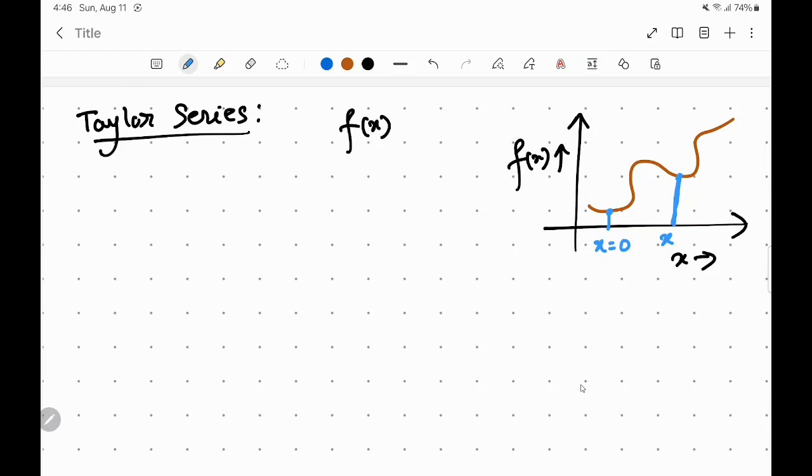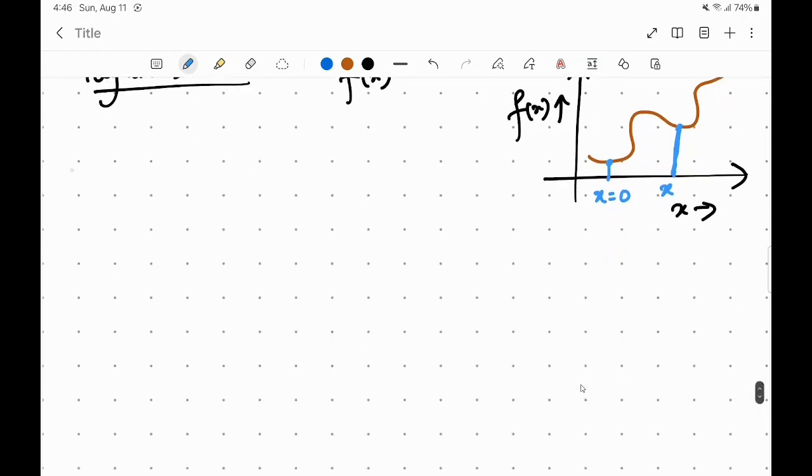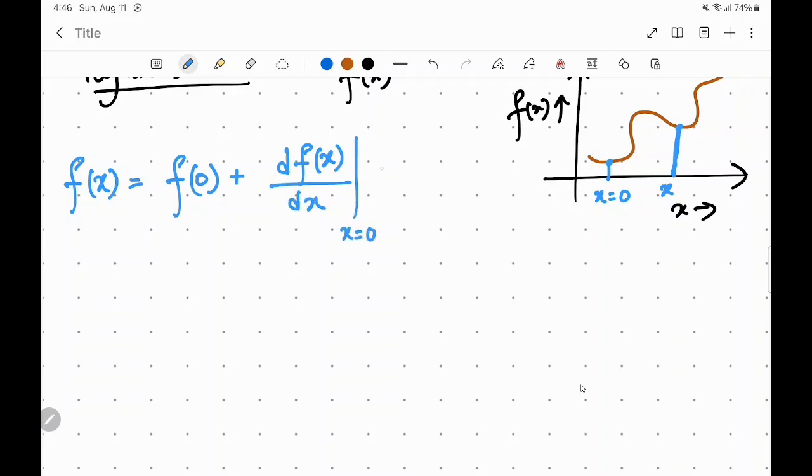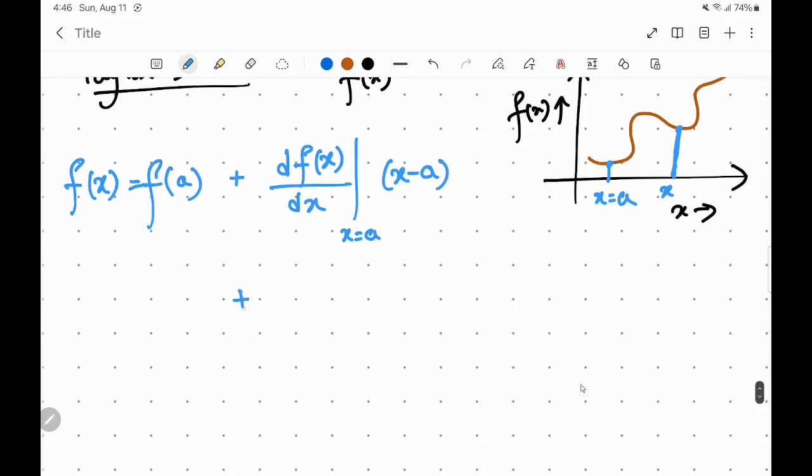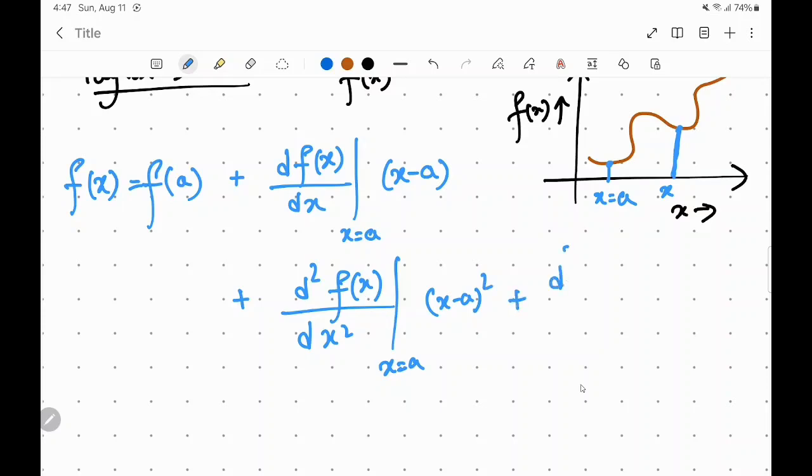For that, Taylor gives this formula: at x equal to x, f(x) you can calculate as f(a) at x equal to a, plus df/dx at x equal to a into (x minus a), plus d2f/dx2 at x equal to a into (x minus a) square, plus so on.